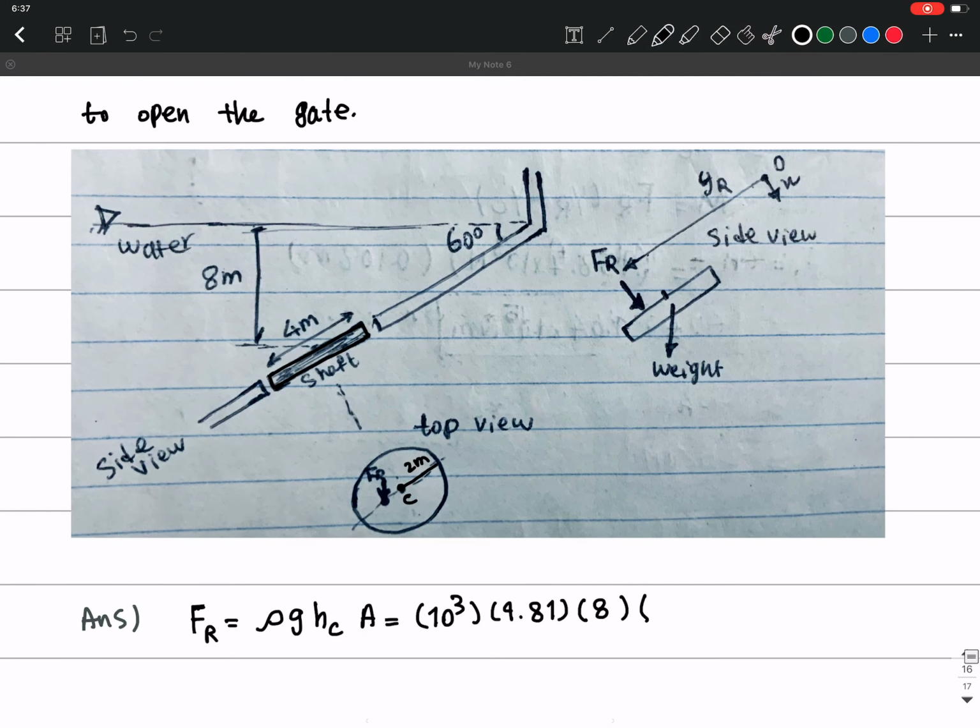The area should be pi times r squared, which is pi times 2 to the power 2. If you calculate this, it gives us 985.7 kilonewton. So calculating the magnitude is pretty easy.